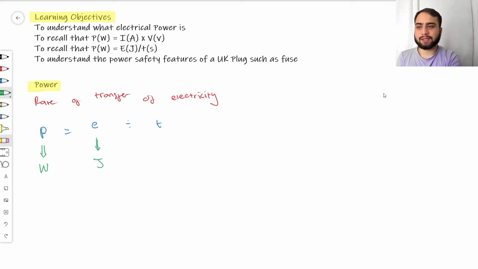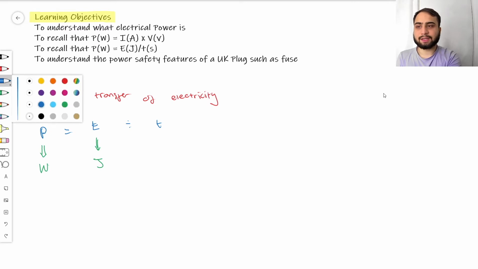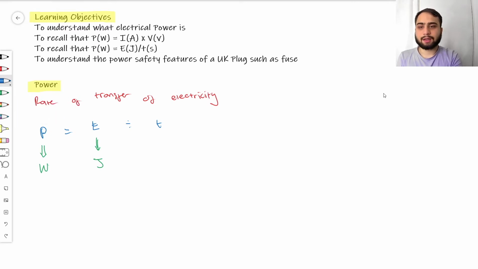T is time, which is in seconds. So that's how you can see that watts is equal to joules per second, because E divided by T is joules divided by seconds. You can see that power really talks about how much energy is transferred in a certain time period.